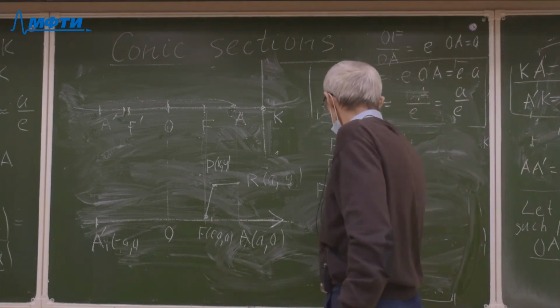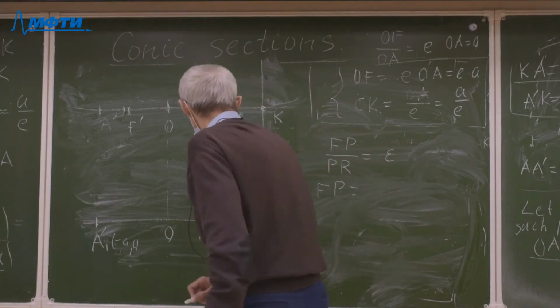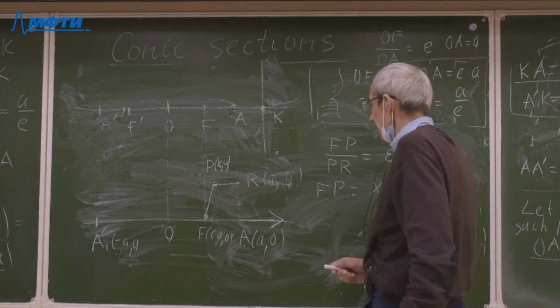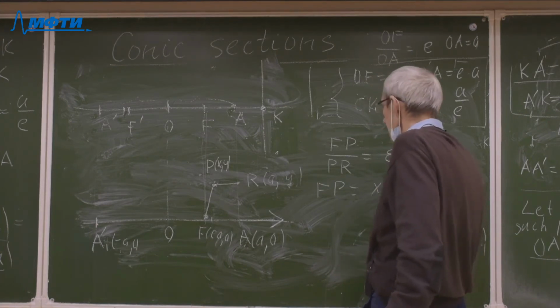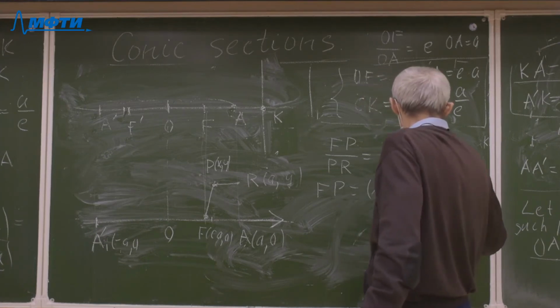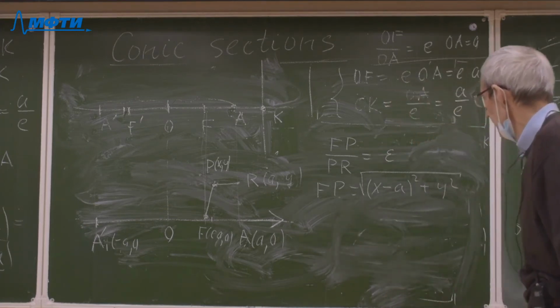Easy to see that the distance FP is equal to the square root of (x minus a) square plus y square.